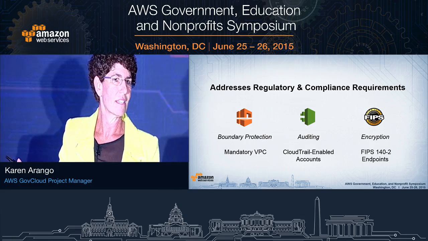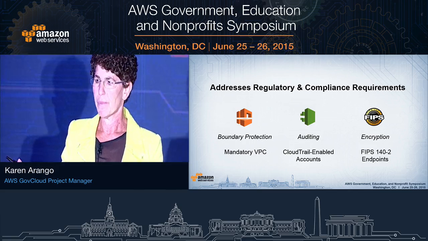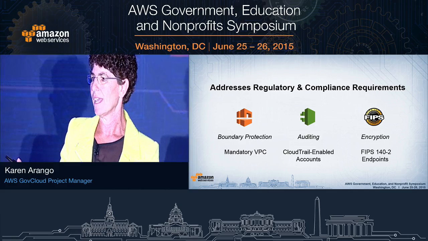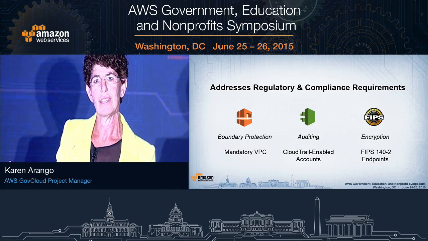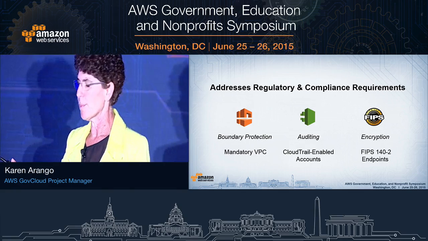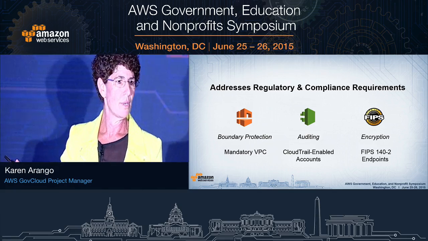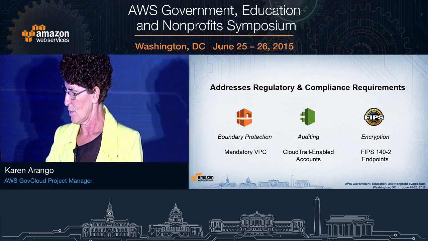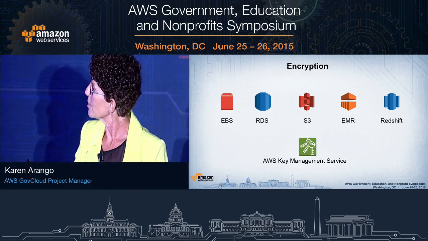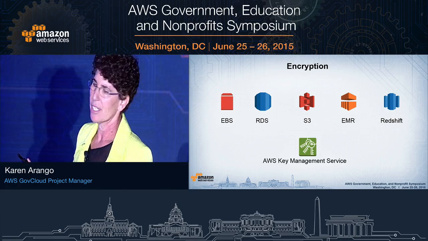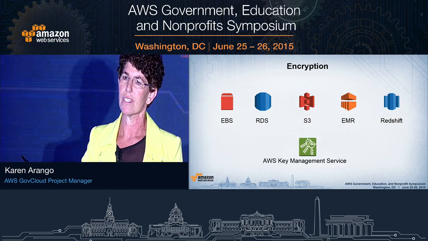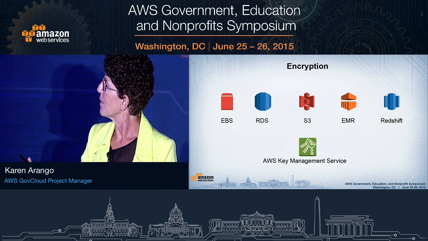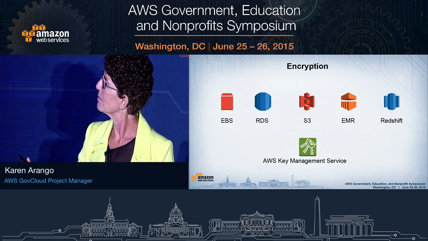Auditing, like I said, the CloudTrail service is enabled when your accounts are created. And encryption. So we have FIPS 140-2 endpoints and all kinds of encryption services as well. So we talked about AWS Key Management Service and how it's integrated with the 5 other services.